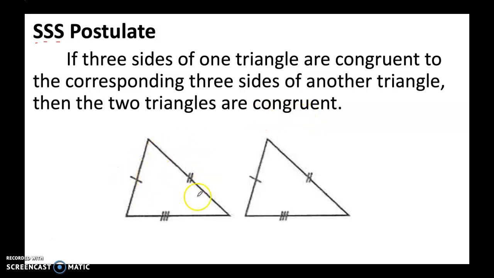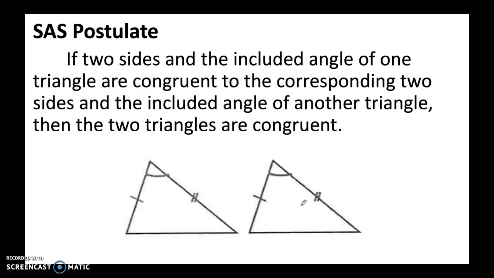As you can see on the given figure, the segments of one triangle have the same markings as the other triangle. So three sides are congruent, therefore we can say that the two triangles are congruent.